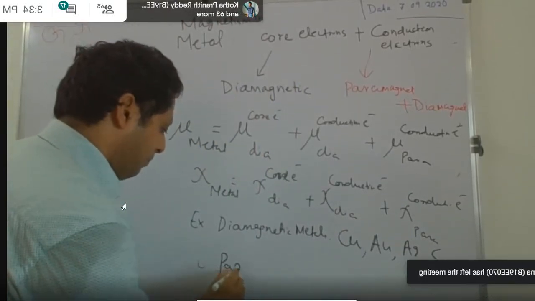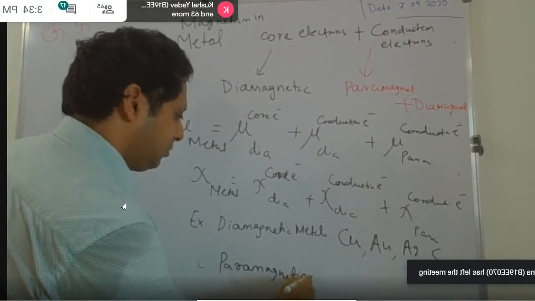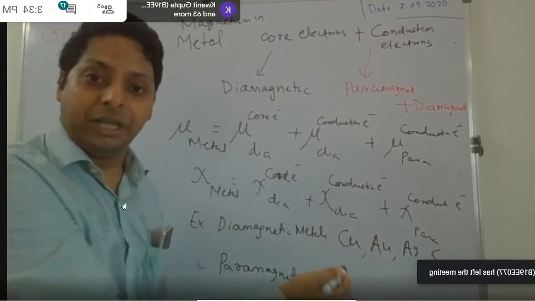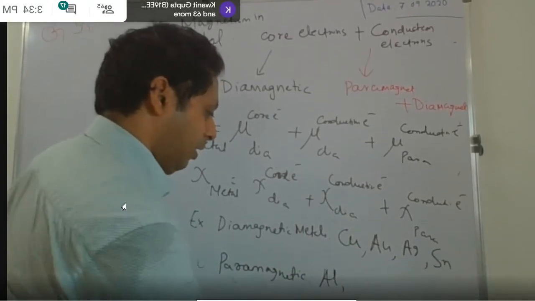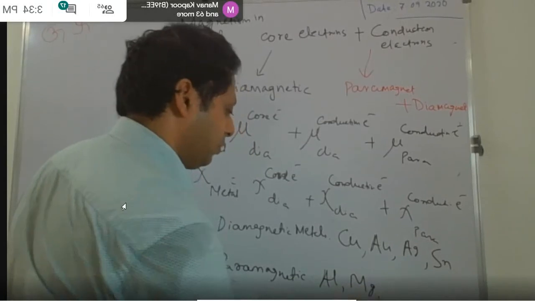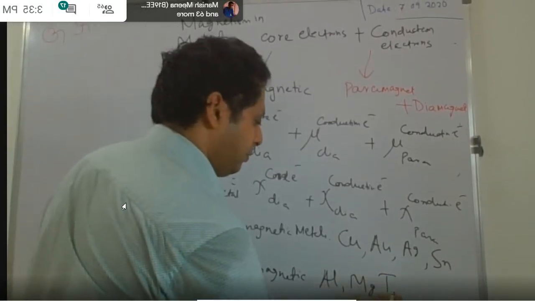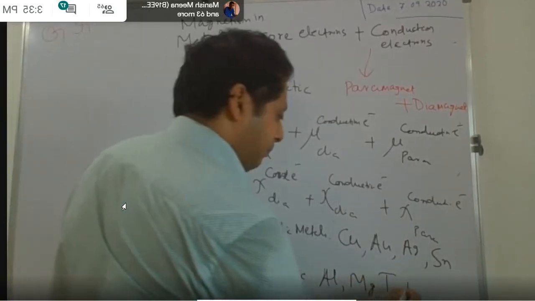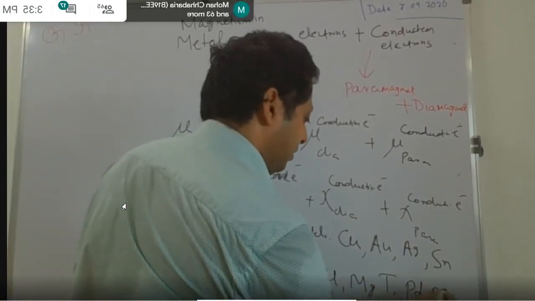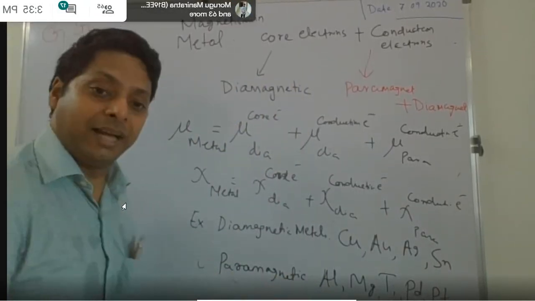Now paramagnetic: this all depends on which contribution is larger. It could be aluminium or magnesium, or titanium, for example. Or even palladium and platinum, really good metals. These are all paramagnetic in nature.